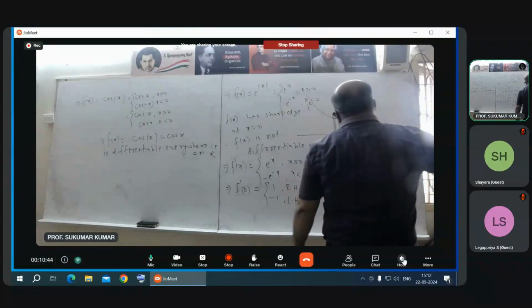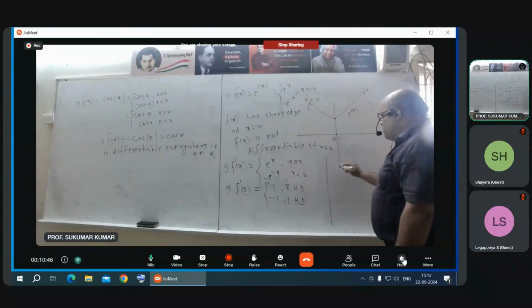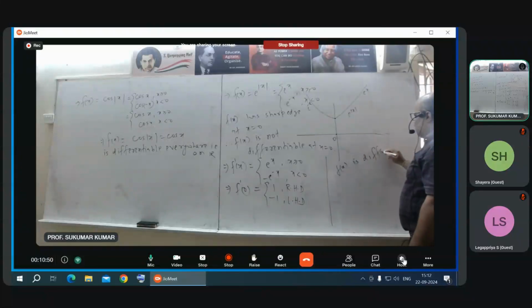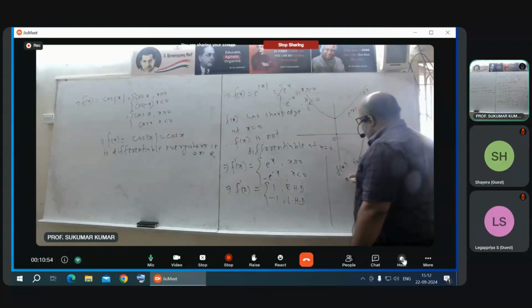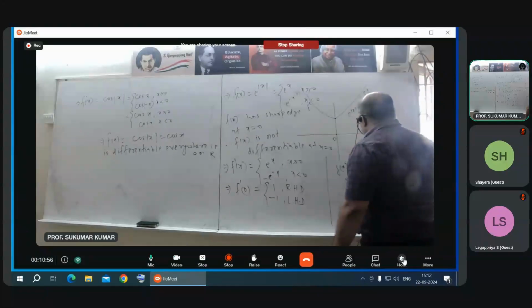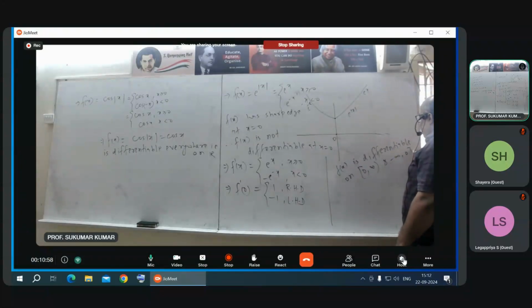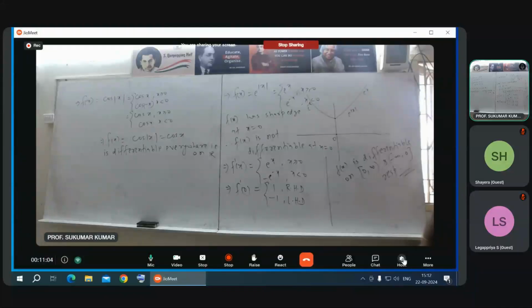So finally we can tell on 0 to infinity differentiability, 0 will be closed. And minus infinity to 0, 0 also closed respectively. Okay, right.